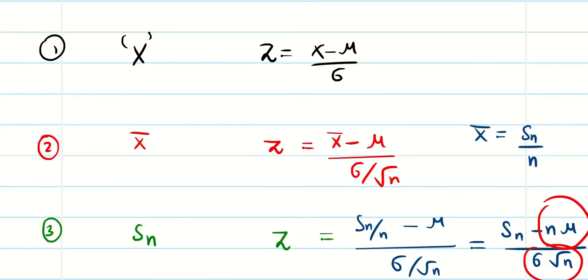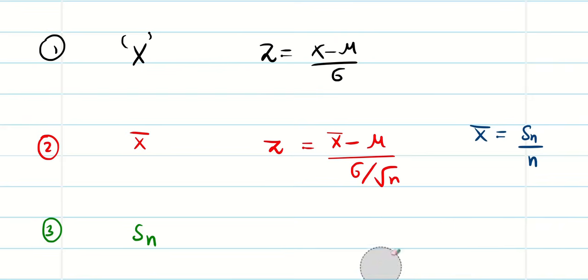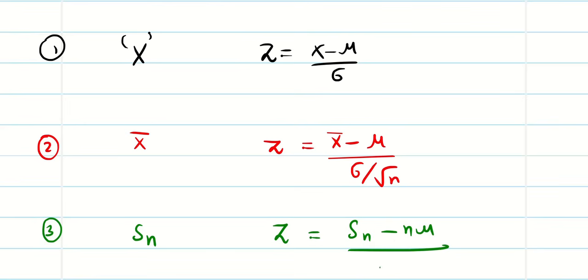Now simply for simplification, you can simply remember, if the problem is in Sn, the formula is Sn minus n mu divided by sigma root n. So these are only two standard formulas we are going to use for the problem, either the second one or the third one. So with this idea, directly we go into the problem.